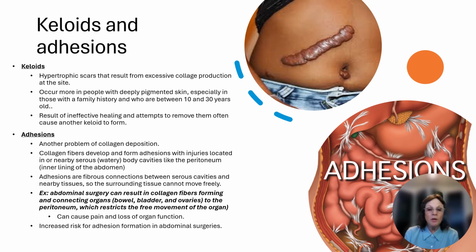Adhesions are another problem of collagen deposition. So the collagen fibers that develop, as part of that process gone awry, can form adhesions with injuries that are located in or nearby serous or watery body cavities like the peritoneum. So what's an adhesion?